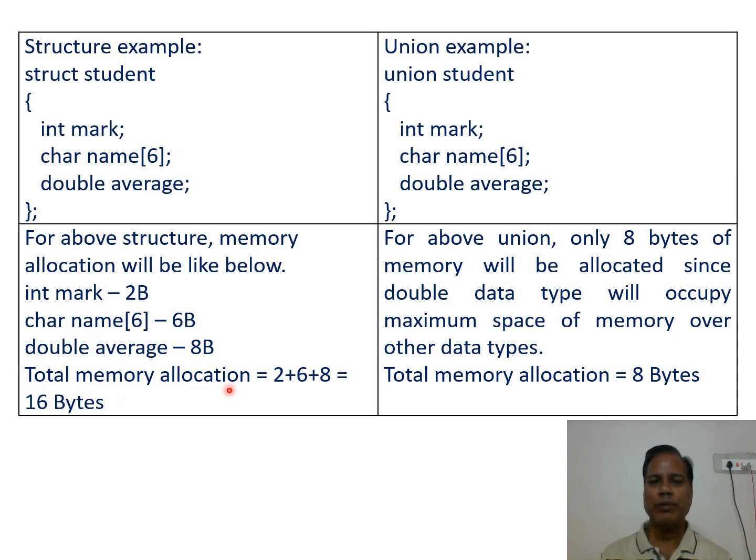So total memory allocation equals 2 plus 6 plus 8 equals 16 bytes. Whereas in the case of the union, for the above union, only 8 bytes of memory will be allocated, since the double data type will occupy the maximum space of memory over other data types. So total memory allocation equals 8 bytes.